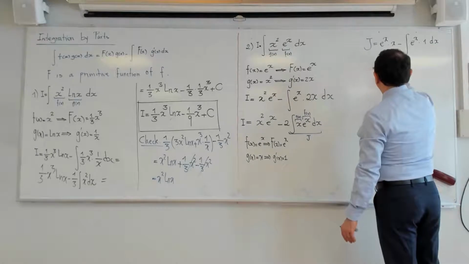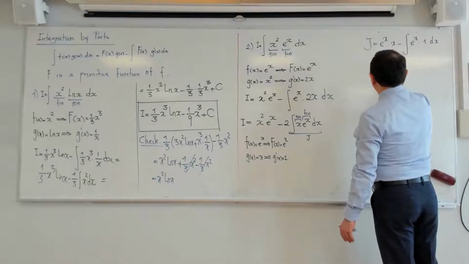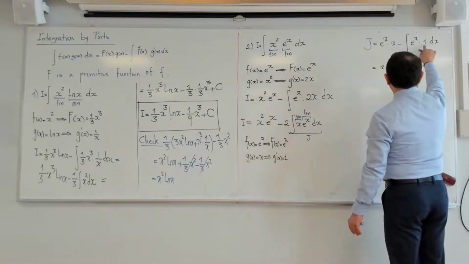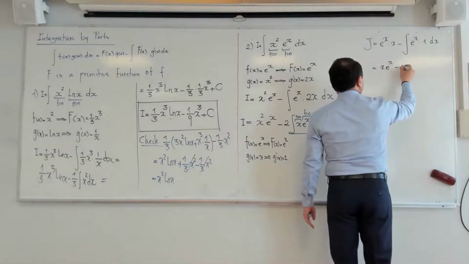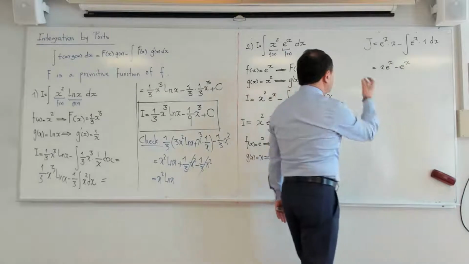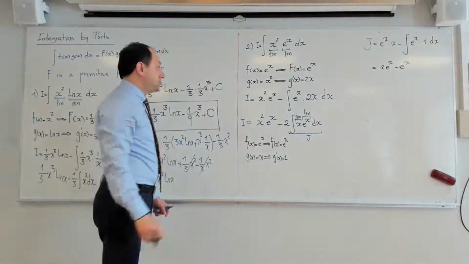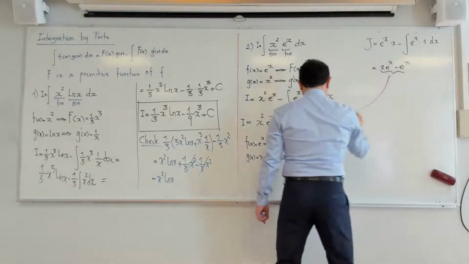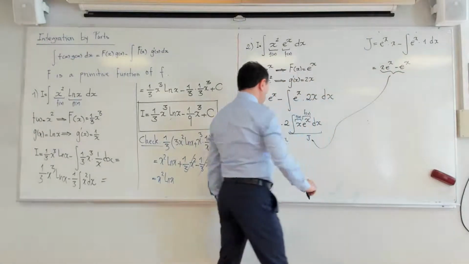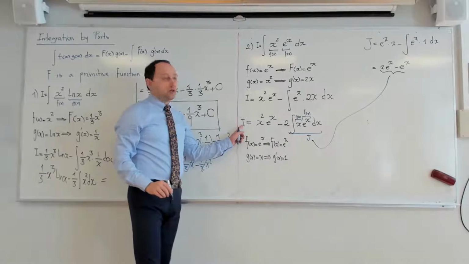But this is simple, because this one doesn't have any role here, so the integral of e to power x is just e to power x. So this is my j, yes. But then I have to take this j and put it into this formula. And then I am able to calculate I, yes?